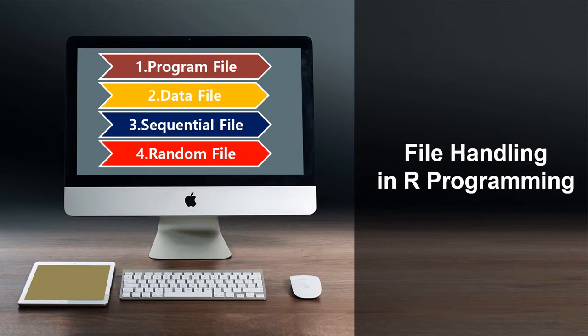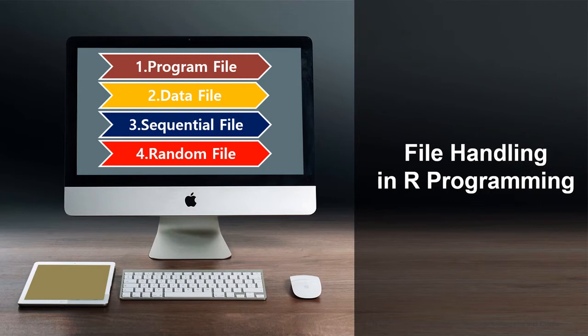So first is the program file. As the name suggests, a program file is a file that contains code. For example, if you are creating an R file, we go to RStudio, write the code, and save it with the extension .r. So this is a program file.